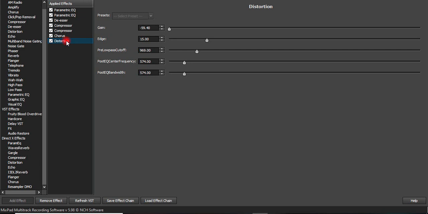The reason I decided to use it on my main vocal, the first thing you need to understand, is that I wanted my vocal to be crispy. So I decided to use this distortion.